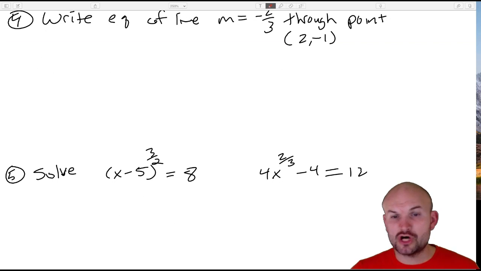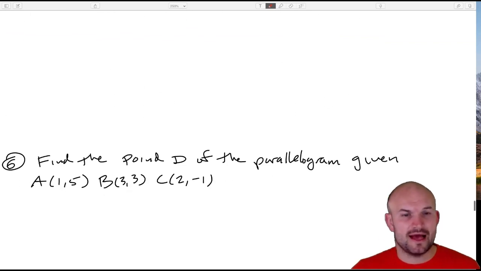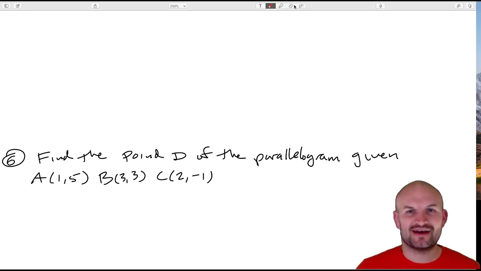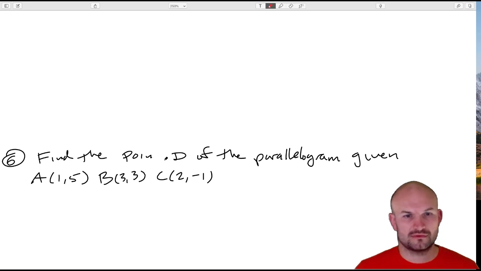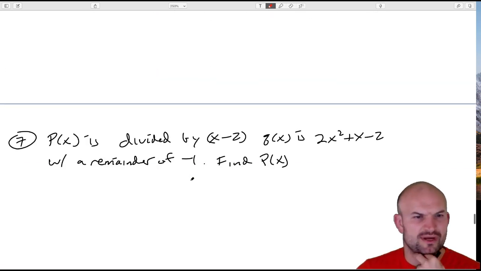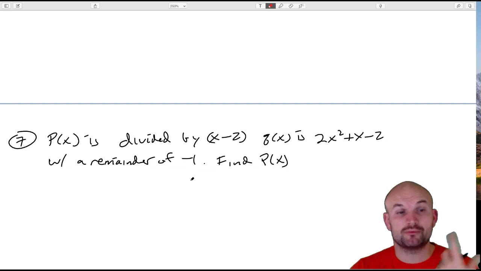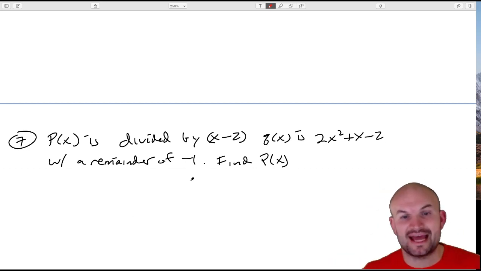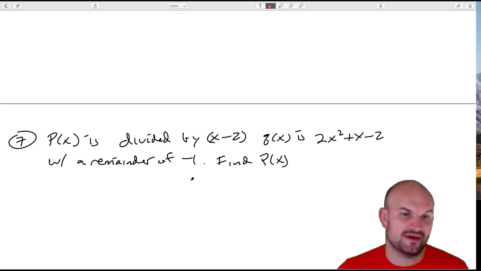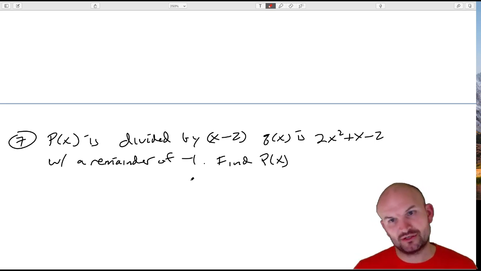We're going to solve some equations using rational exponents. And then we're going to find the fourth point of a parallelogram given A, B, and C. And I believe there was one more. Yes, the last one is a polynomial division one. P of X is divided by X minus 2, Q of X is the quotient, and then we have a remainder, and what we want to do is find P of X.